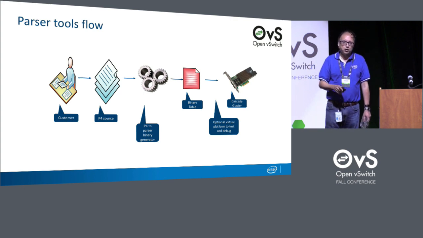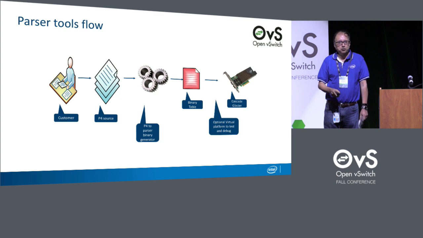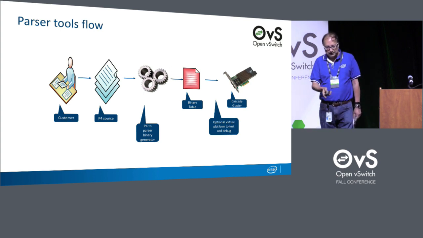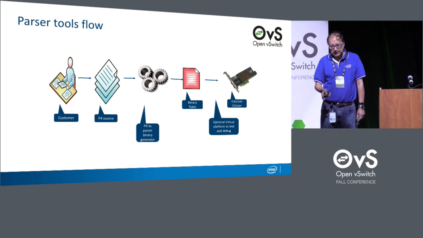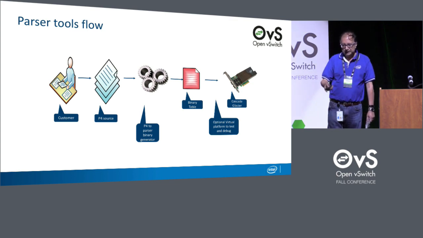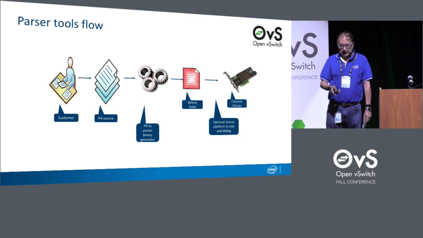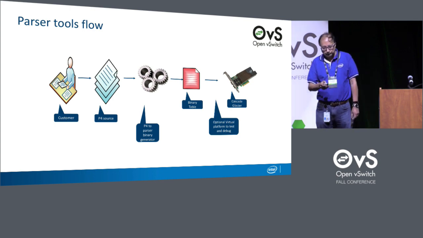For this particular work, we just pass it through the regular P4 compiler. We get the intermediate representation in JSON format, and then we massage the JSON format to create this binary. Then this binary table is created, and that is uploaded to the board. We also have a virtual platform that can be used to debug the changes if necessary.